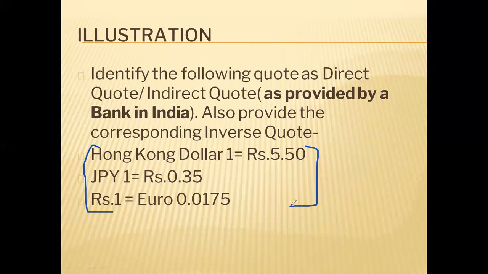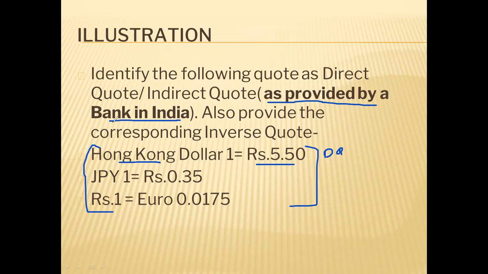For example, if the first quote is Hong Kong dollar is equal to rupees, this is a direct quote. How did we say it is a direct quote? Because here a statement is given: as provided by a bank in India, which means this is with reference to India. First you have to understand which country it is with reference to, then you have to know the home currency for that country.